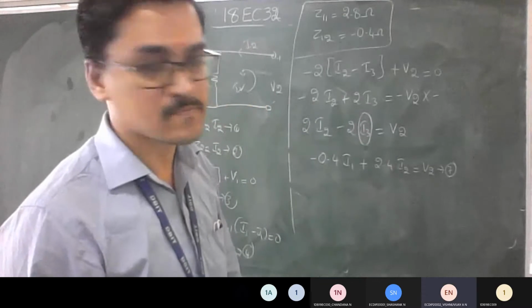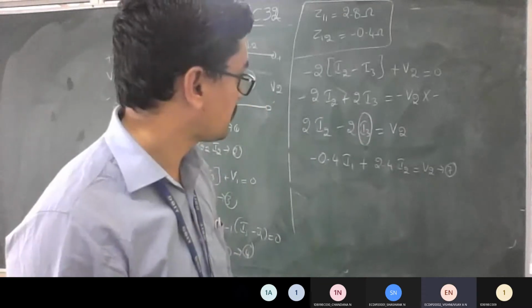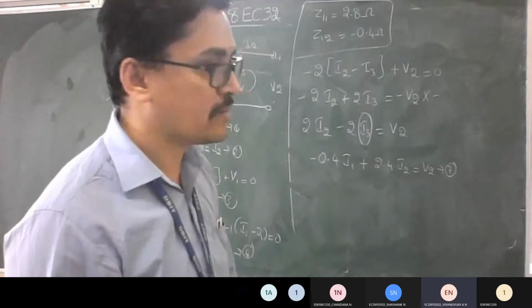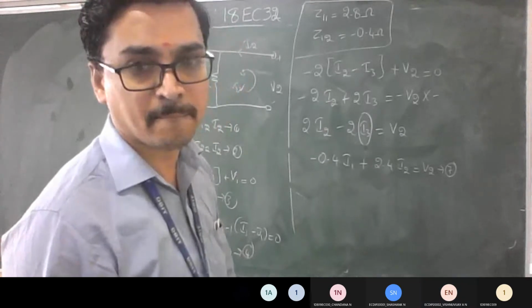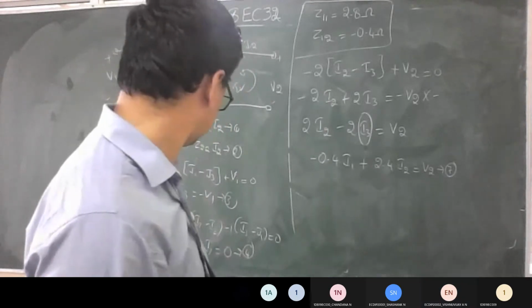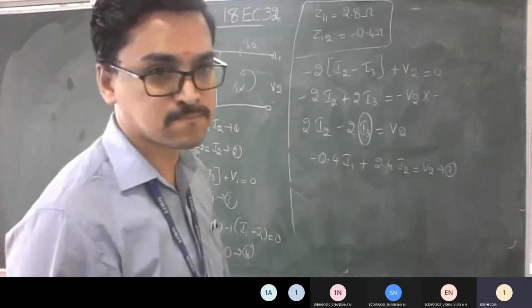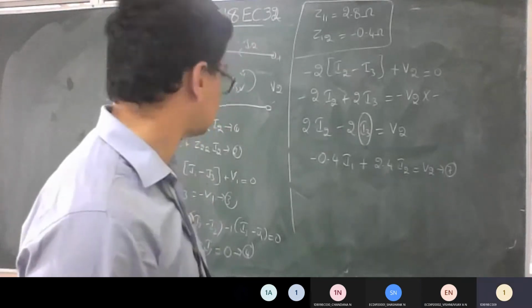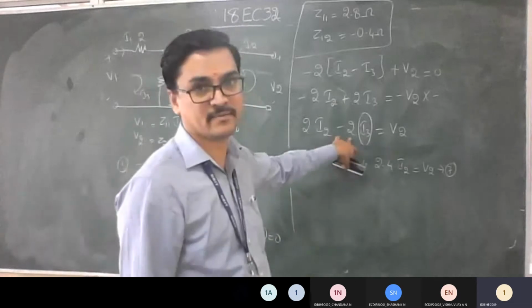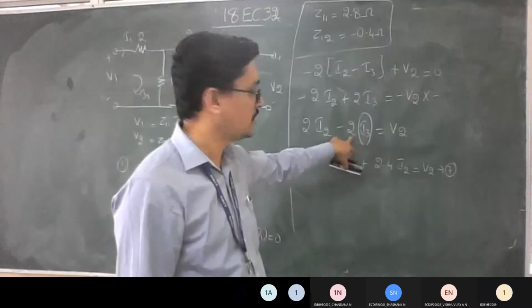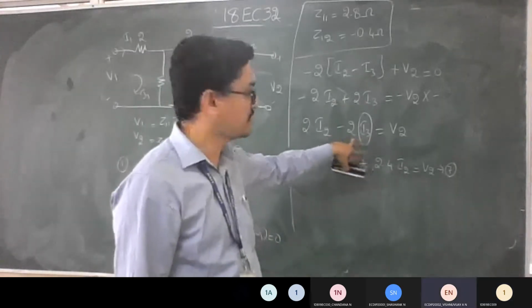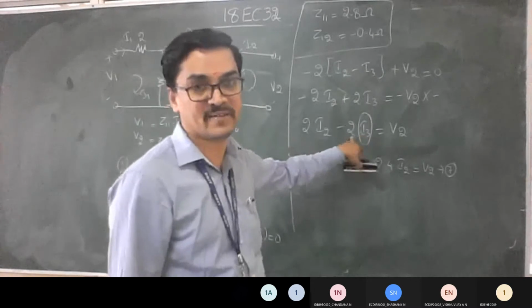Sir, I1 is 1 by 5, 0.2 I1, that's all it becomes, sir. But sir, we have to multiply by 2 inside. Wait, you have to multiply this, Vishnu. It's 2 times of that value. Whatever the value you have for I3, that should be multiplied by 2 times.